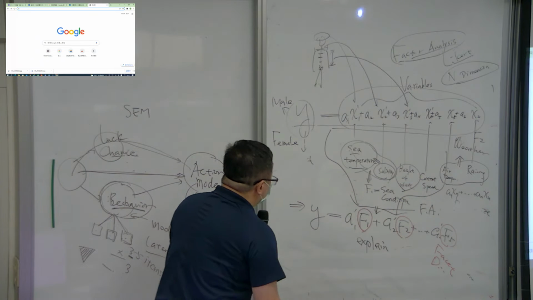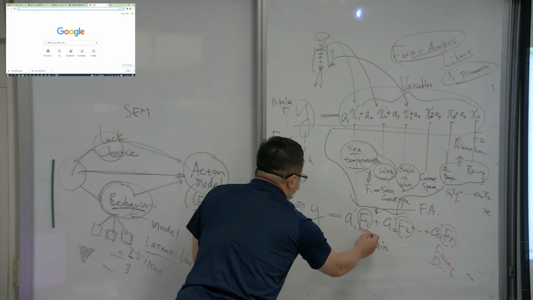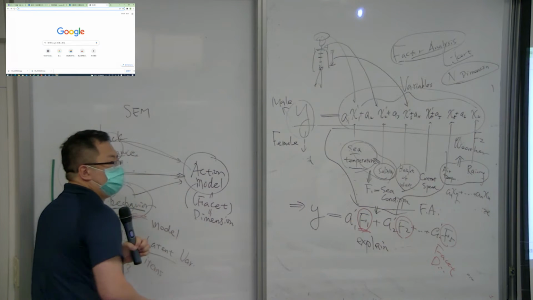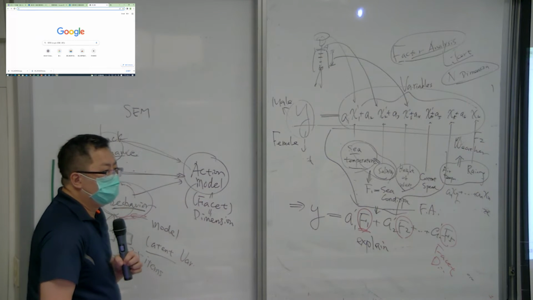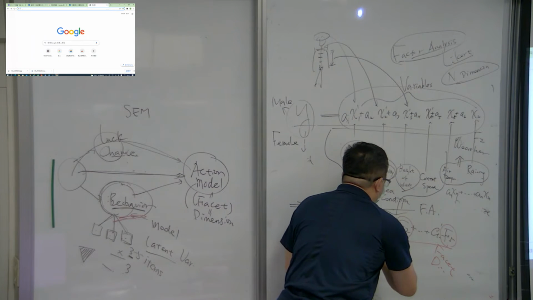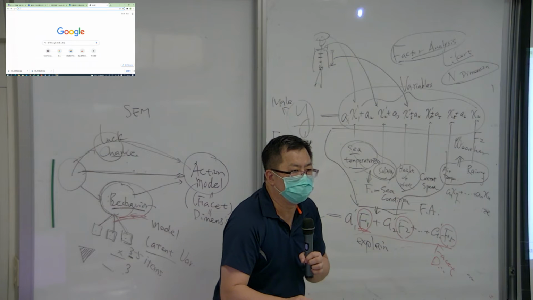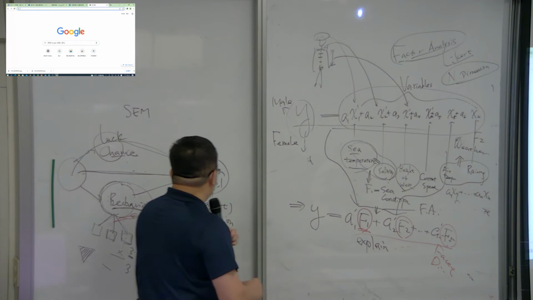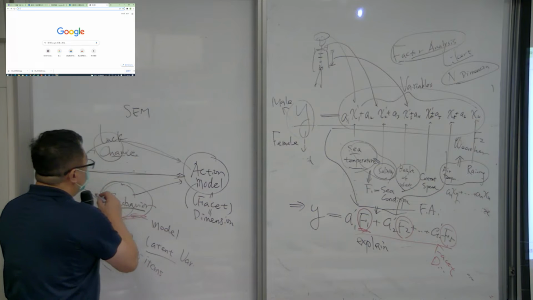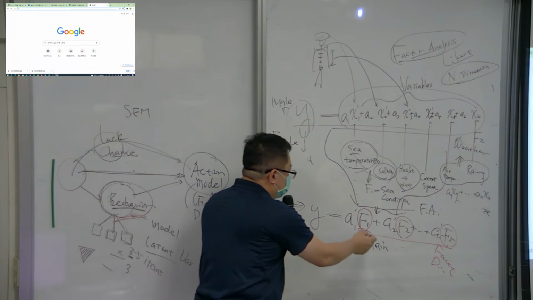And you can also say this is a model. But this is a very simple linear model. This is not a linear model. This is linear.